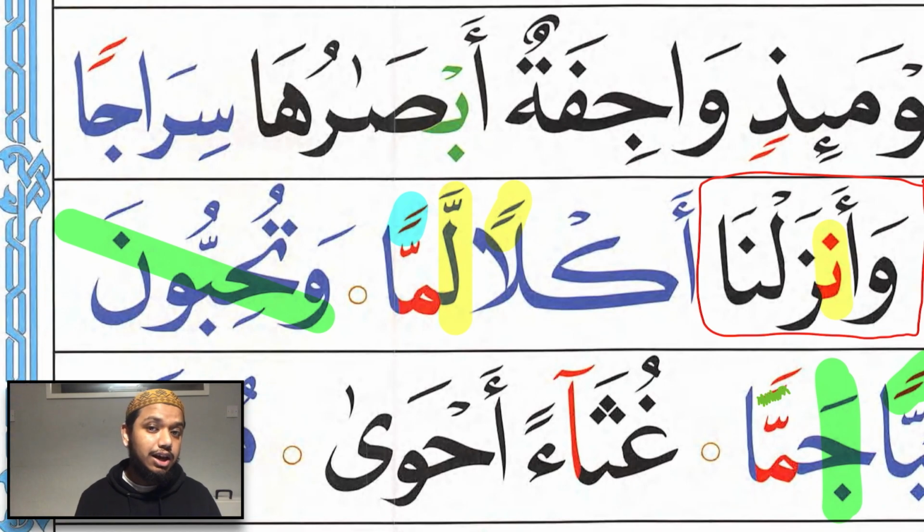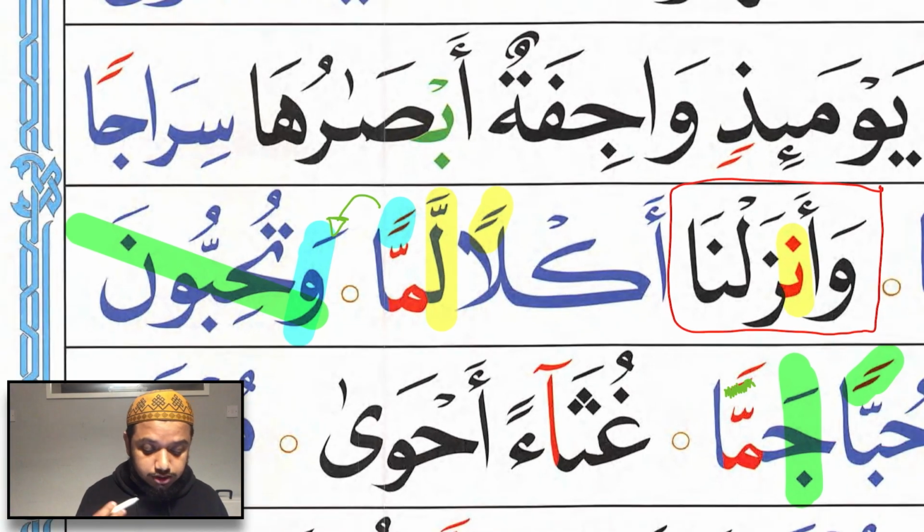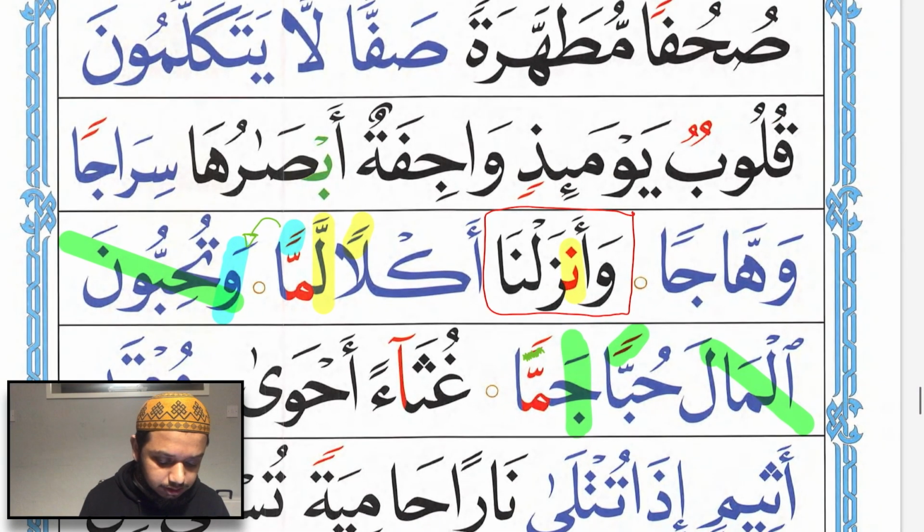Ya, ra, lam, mim, waw, noon? Yes, it is. We have a waw. Is waw one of the yanmu letters? Yes, it is. So if we are connecting these, we will have to do idgham with ghunna. If we were reading it all together, it would be aklan lamman wa tuhibbuna al-mala hubban jamma.